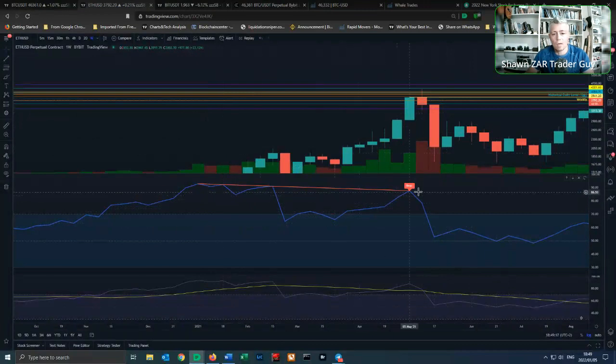You can see here that we've had bearish divergence, and when this RSI on the weekly was at 86, close to 90, that's when you know it's time to sell, especially on the weekly time frame.